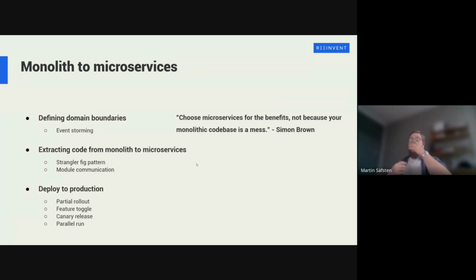So you take the code, you modernize it, you try to put it into a separate codebase, something that is easily deployable. The strangler fig pattern that I mentioned here is a strategy for extracting things from an existing system and adding them to the system, but also keeping backwards compatibility with the old stuff.